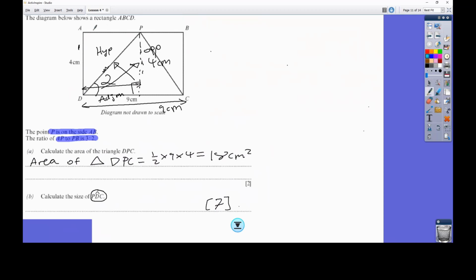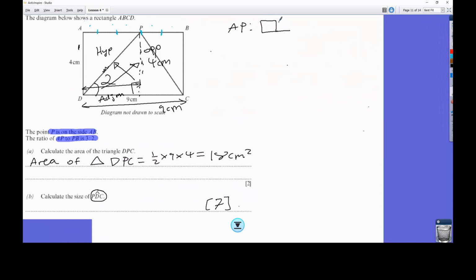So what that means is that the top line AB is split up into 1, 2, 3, 4, 5 equal units, 2 of which are between P and B, and 3 of which are between A and P. So if I consider it this way, I could say that AP is worth 3 units and PB is worth 2 units.